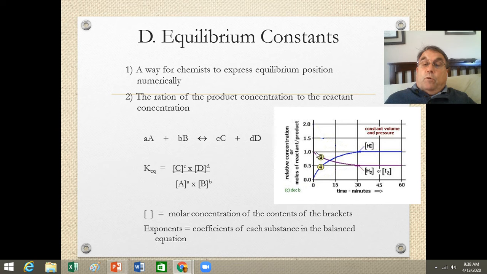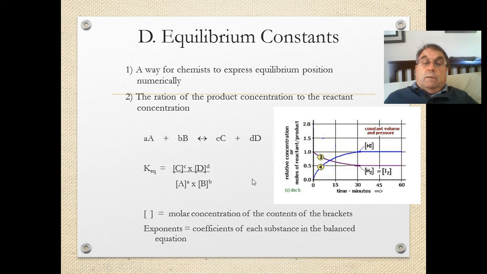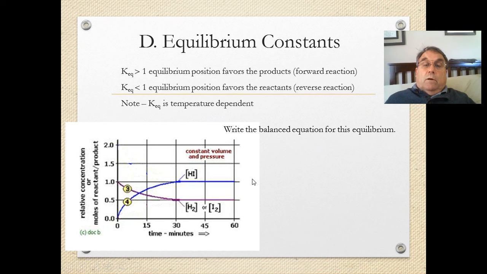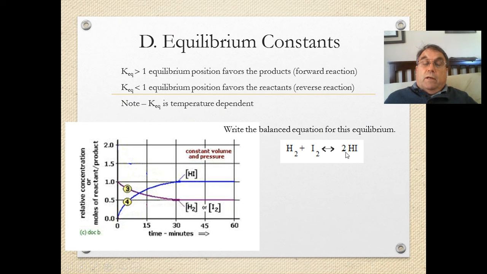And so we could tell the forward reaction would be H2 plus I2 goes to HI, and there would be 2 HIs. So write the balanced equation for this equilibrium. So that would be it. We know these are the reactants because that's what we're starting with. We know this is the product, and there's 2 H's, 2 I's, so we need 2 there.